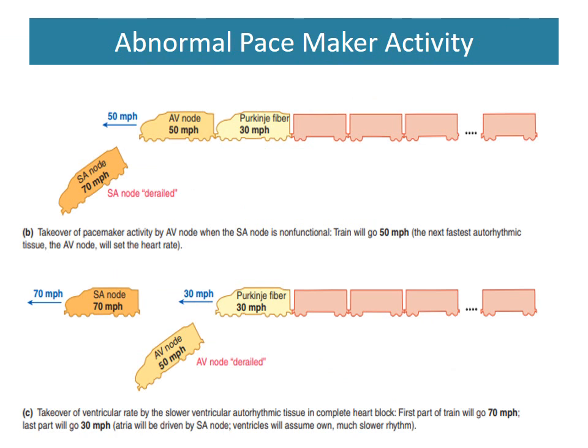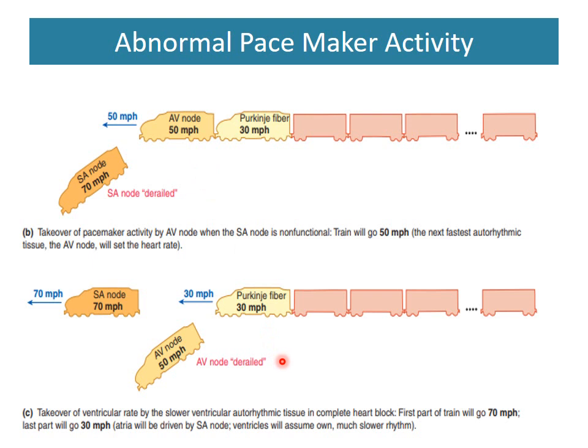Now some of the abnormal pacemaker activities. Remember the analogy? If for some reason, look above, the fastest engine breaks down, that is SA node pathology, the next fastest engine, the AV node, takes over and the entire train travels at 50 miles per hour. That is, if the SA node becomes non-functional, the AV node assumes pacemaker activity.